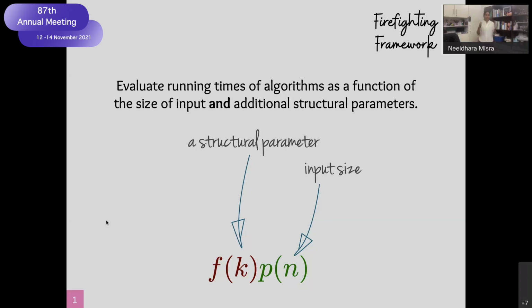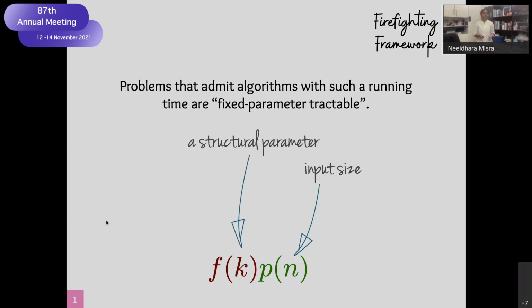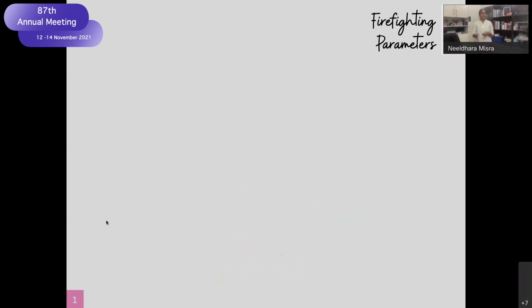So just to make this discussion a little more concrete, let me ground it with some specific examples of parameters. Maybe you only want to save a very small number of critical nodes. That's a very natural choice of parameter, right? That's something that's probably in many situations going to be small.